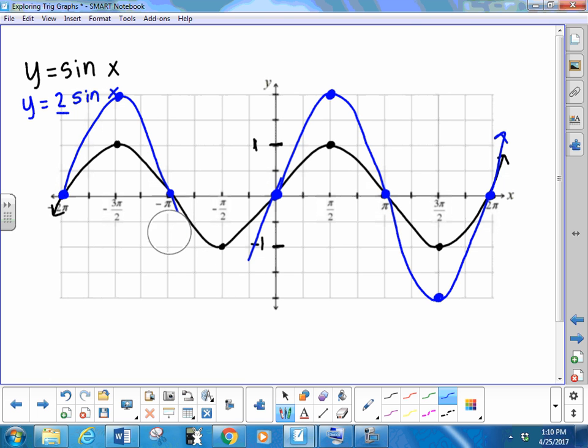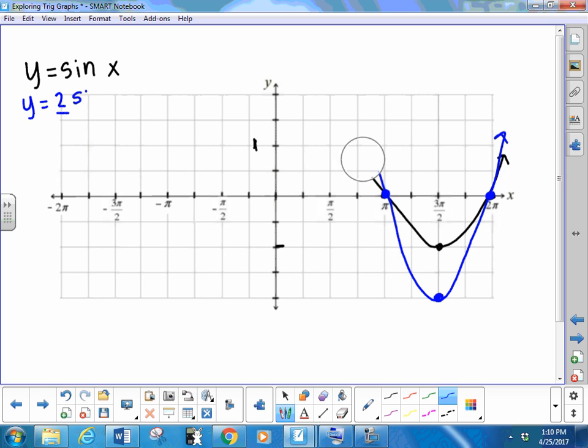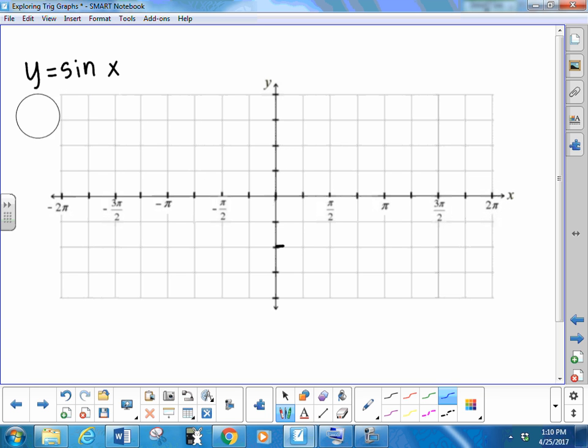Now, keep the parent. I don't know if you'll have to move to the next graph or you'll have to redo it like I'm about to have to redo it, but I'm going to go back to just plain old sine, y equals sine x.